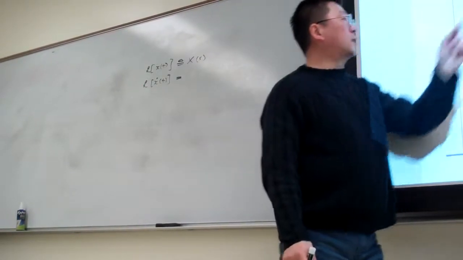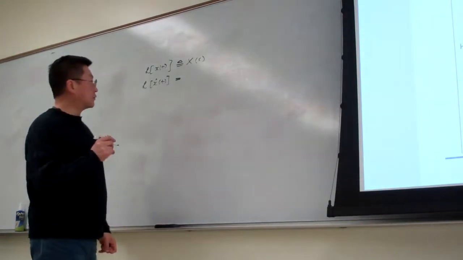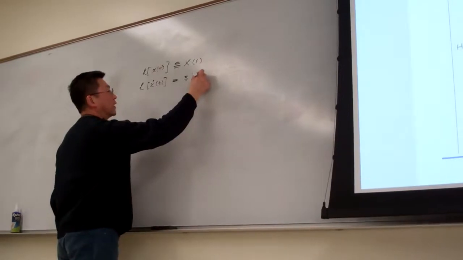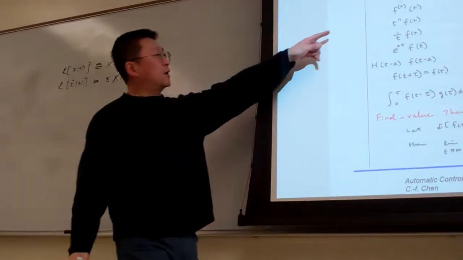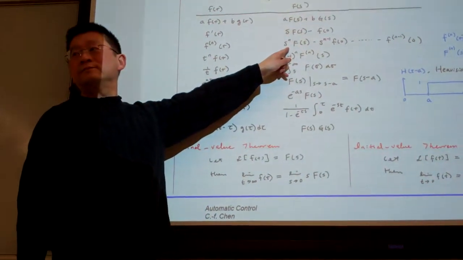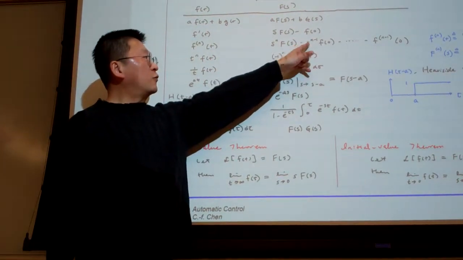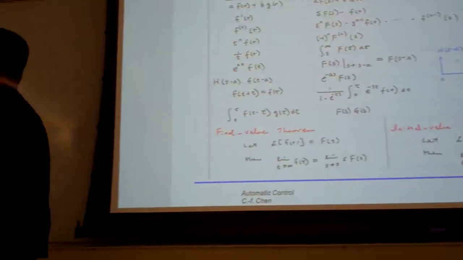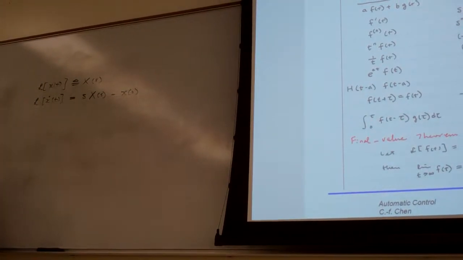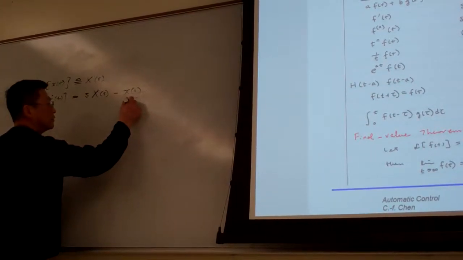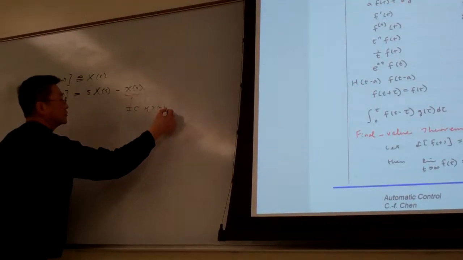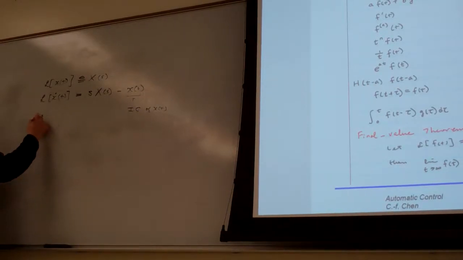So you copy carefully, look at your handout: that is s multiplied with capital X of s. Right now I'm writing this term. We good? For the second term, when n equal to 1, that becomes f of 0, which means the initial condition of x of t. Okay? And now we continue.